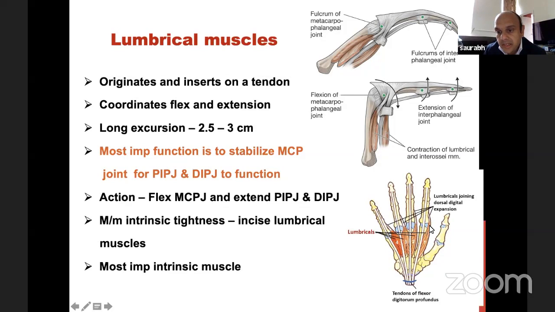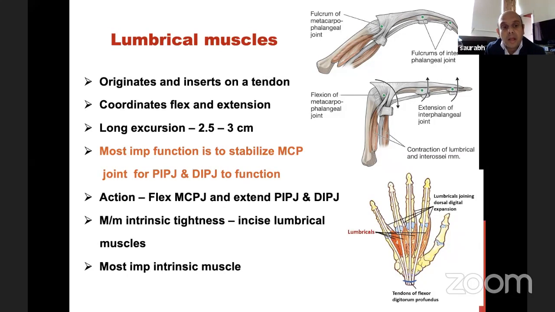Then they go radially to the MCP and insert into the dorsal expansion, further distal to the interossei. So if you watch carefully, they're coming from the flexor side, but inserting onto the extensor expansion. This is why they are able to coordinate flexion and extension. And if your hand goes from full flexion to full extension, lumbricals will have a very long excursion of almost 2.5, 3 centimeters.